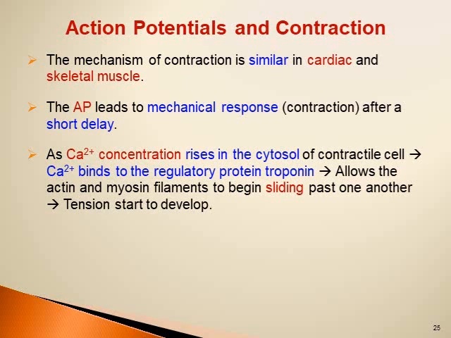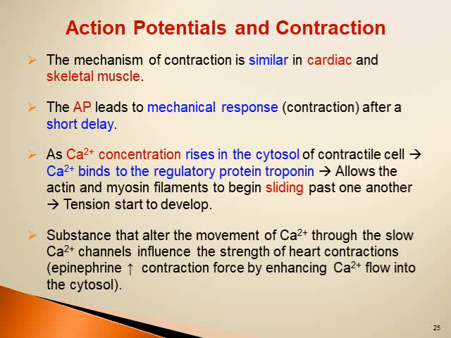This allows actin and myosin filaments to begin sliding past one another, and this will lead to tension development, or strength of contraction. Substances that alter the movement of calcium through the slow calcium channels can influence the strength of heart contractions, like epinephrine. It will increase contraction force by enhancing calcium flow into the cytosol.